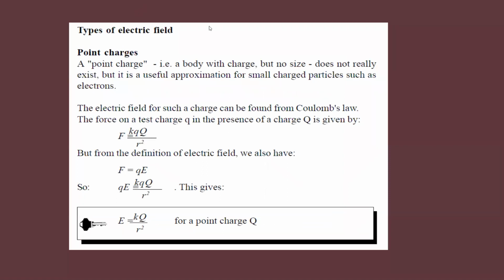So this is a small derivation which involves a point charge, that is, a body with charge but negligible size.